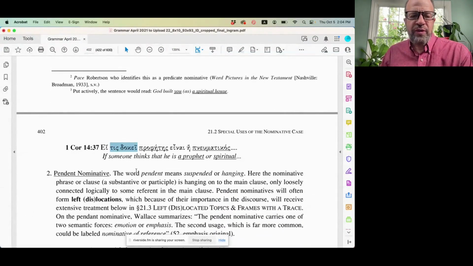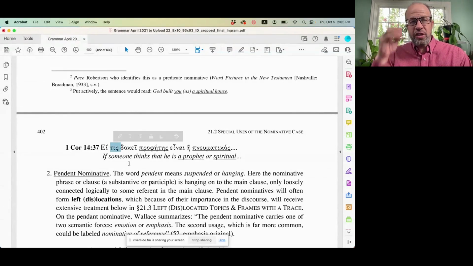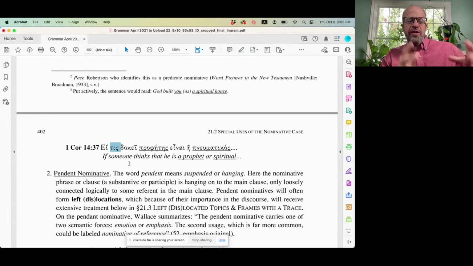So if you look at 1 Corinthians 14:37, you have, if someone thinks to be a prophet or spiritual. So the subject is a tis, somebody. So someone is thinking, and then with the thinking, you're popping into a subordinate clause of content of the thinking or supposing. And you can do that in different ways. One way is to use the infinitive.